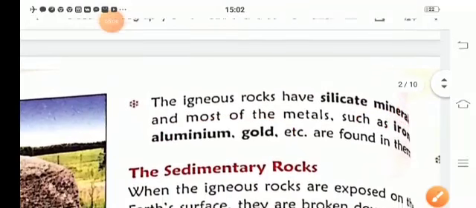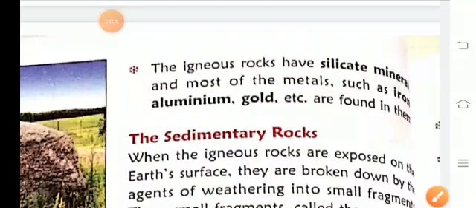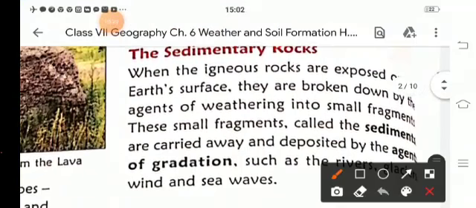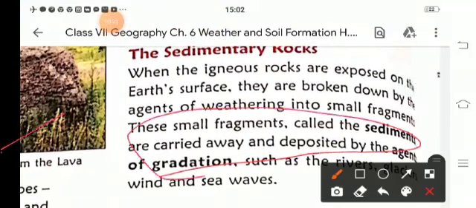Now what are the sedimentary rocks? Sedimentary rocks are rocks made of small fragments, known as sediments, which are carried away and deposited by the agents of gradation. These small fragments are formed due to weathering, and these sediments deposit in one place and then form the rock known as sedimentary rock.